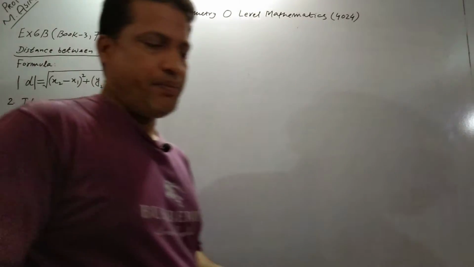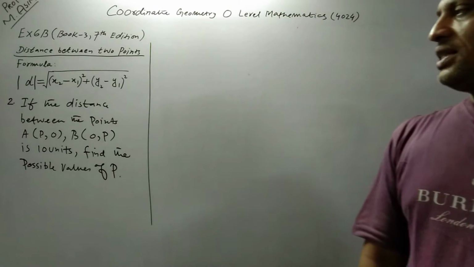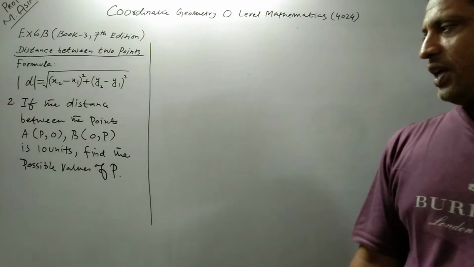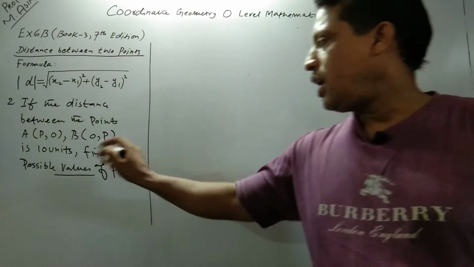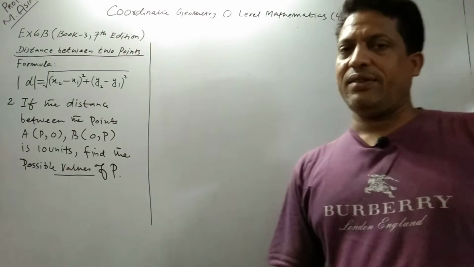This is question number 2. If the distance between these 2 points is 10 units, find the possible values of p. Concentrate on this word values. Values means should be more than 1.